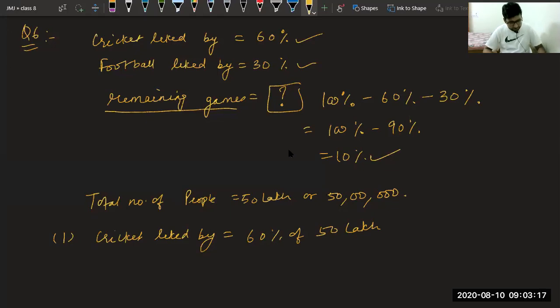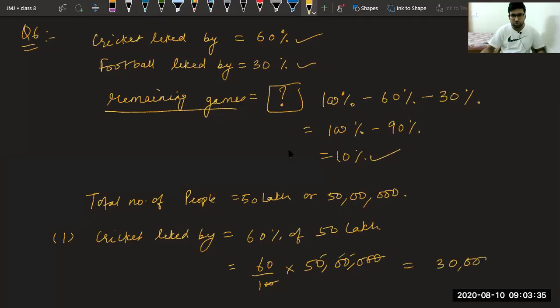Give the answer fast. It is 60 upon 100 multiplied with 50 lakhs. Let me cut the zeros and the answer will come out as 6 5s are 30. Then we have 1 2 3 4 zeros. So 3 lakh people like cricket.